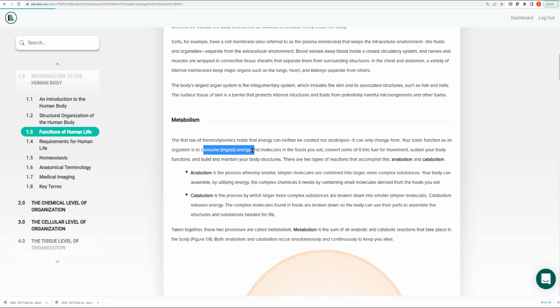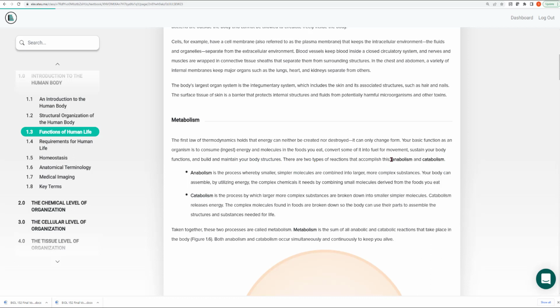That food provides your body with energy. And then your body is going to convert that food into fuel. And that energy is then used to make the proteins and all the other molecules that make up your body. We can break metabolism up into 2 main categories.